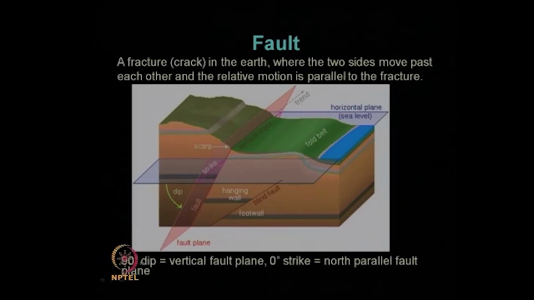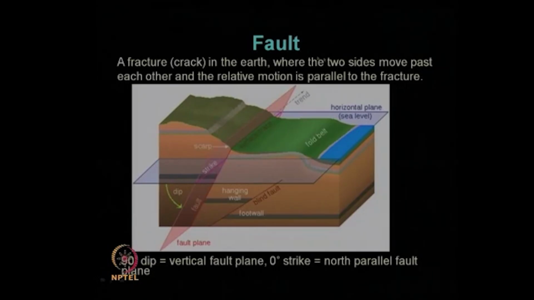So, if this angle of dip is 90 degrees, what we can say is that the fault plane is a vertical plane. Quite obvious, as you can see from this picture, a 90 degree dip means it is a vertical plane. And if the strike angle, this angle, is 0 degrees, what is it called? It is called a north parallel fault plane. So, for 0 degree strike, it is called a north parallel fault plane.